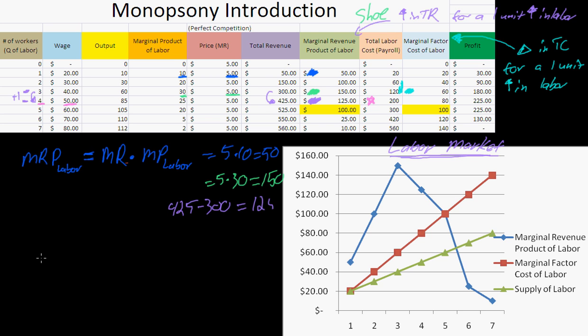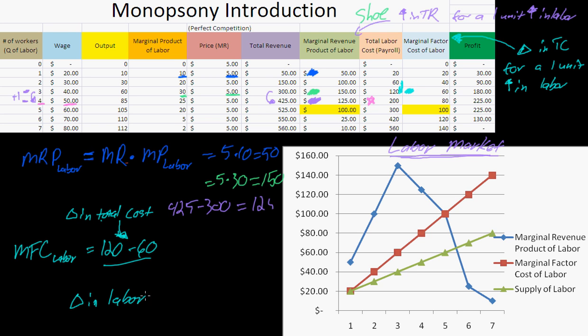So the marginal factor cost of labor is equal to 120 minus 60, which is the change in total cost, divided by the change in labor, because we want it for a 1 unit increase in labor.